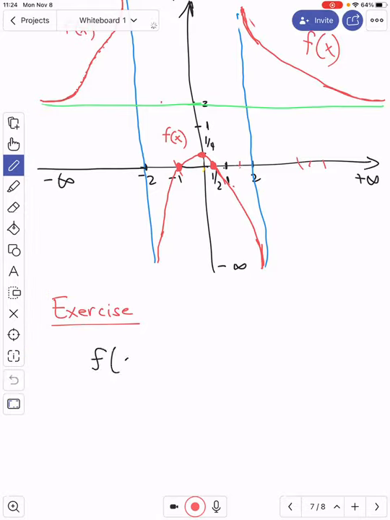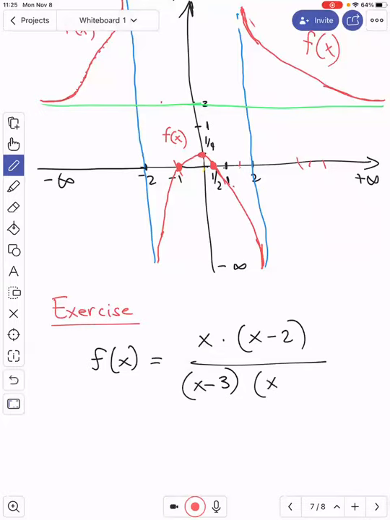So f of x is equal to, let's say, x times x minus 2, and then there's this x minus 3, right? And then x plus 3. All right.